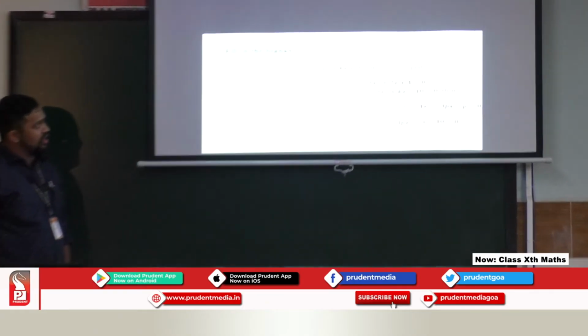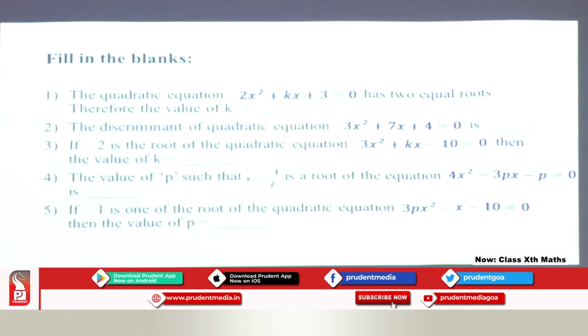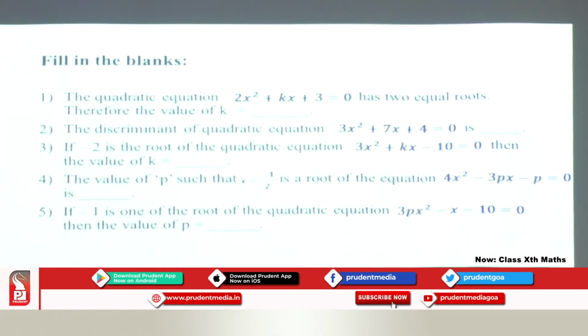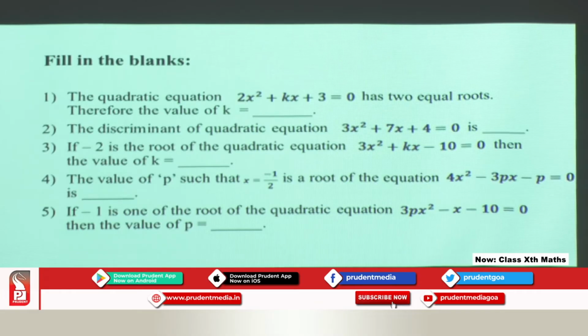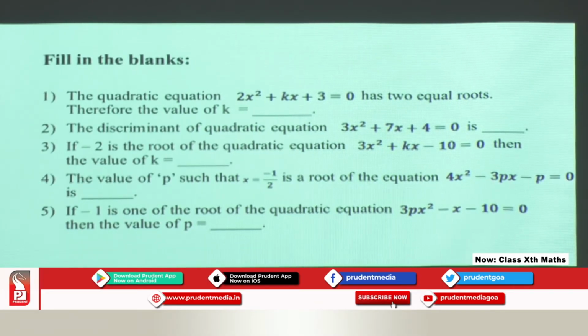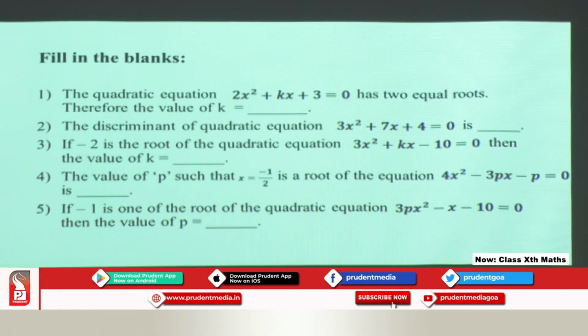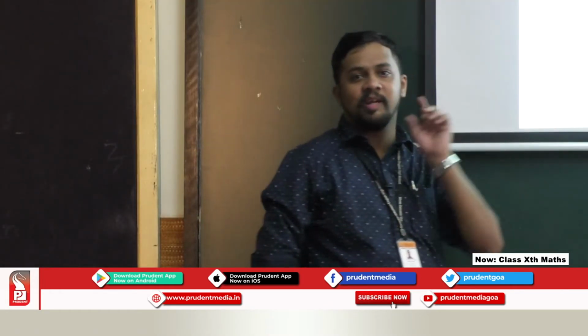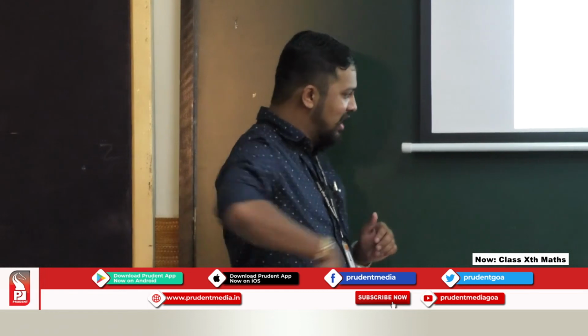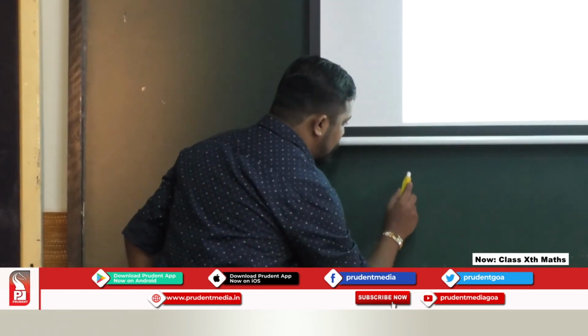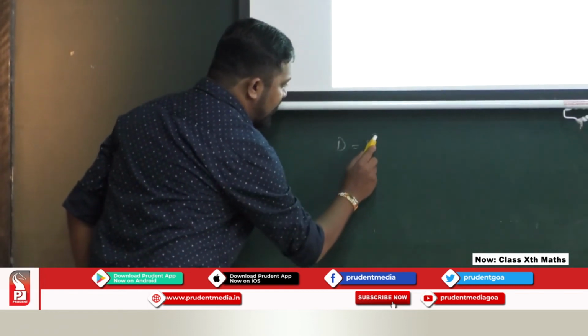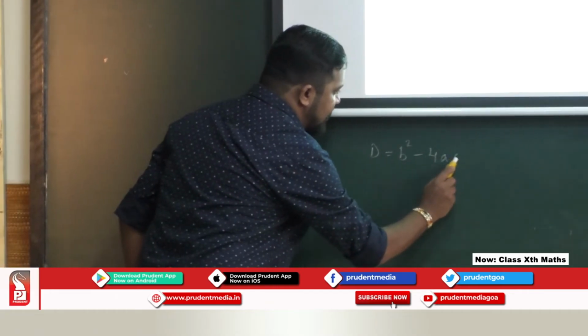So let us see the first fill in the blanks. The quadratic equation 2x square plus kx plus 3 equal to 0 has two equal roots. Therefore, the value of k is dash. Now if you remember, I told you two equal roots means the discriminant has to be 0. So let us solve. b square minus 4ac.